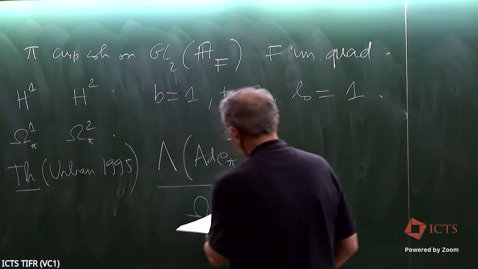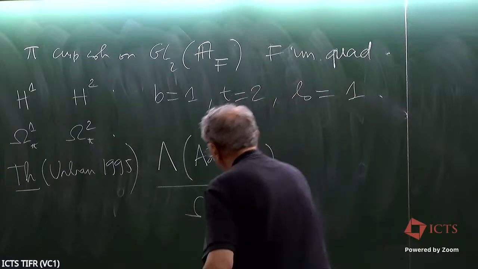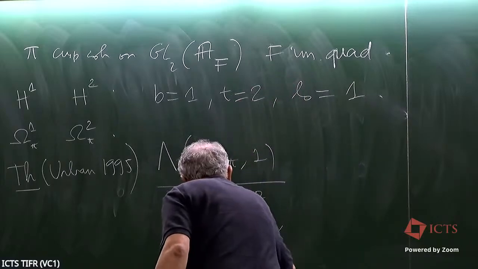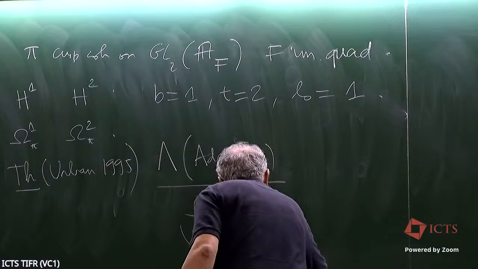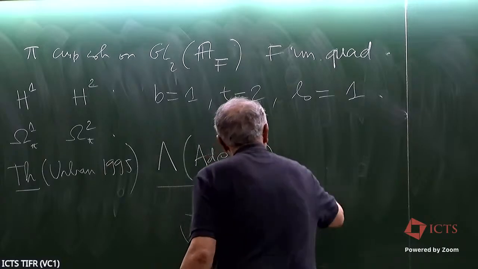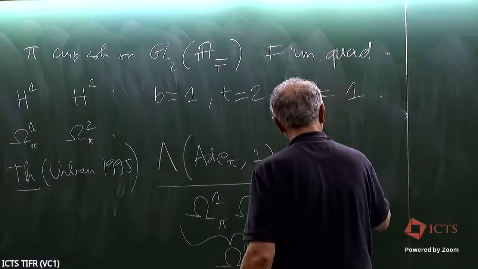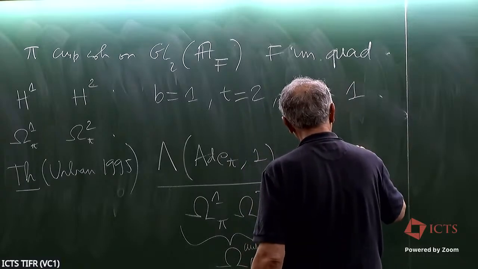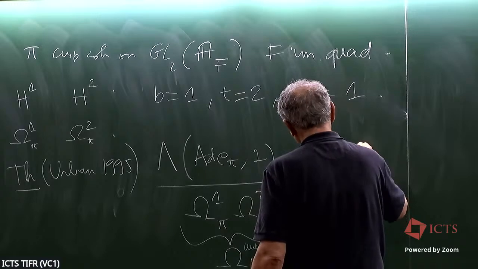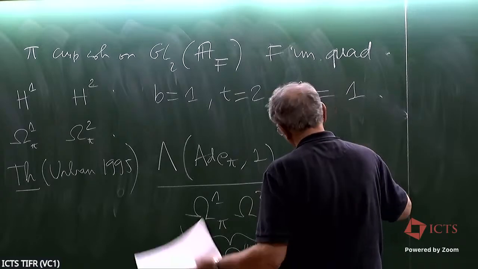So you see it's a new type of automorphic period. This is the automorphic period for the adjoint. Is eta pi of a cohomology module. I will say H1 or H2, and I will explain that.